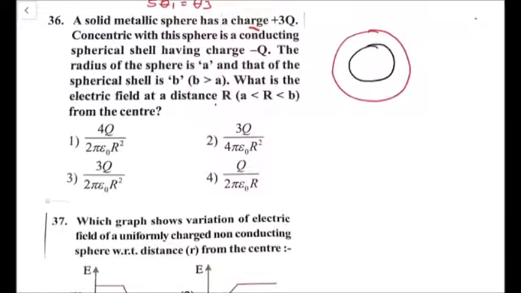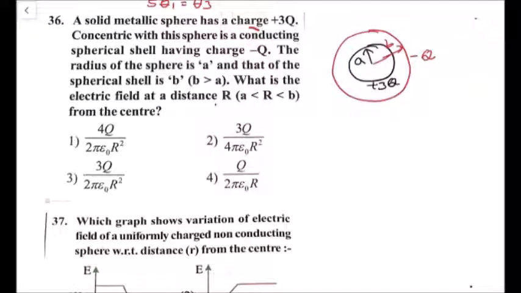The solid metallic sphere has a charge of plus 3q and the conducting spherical shell has a charge of minus q. The radius of the sphere is small a and that of the spherical shell is b. So this is b and this is a.